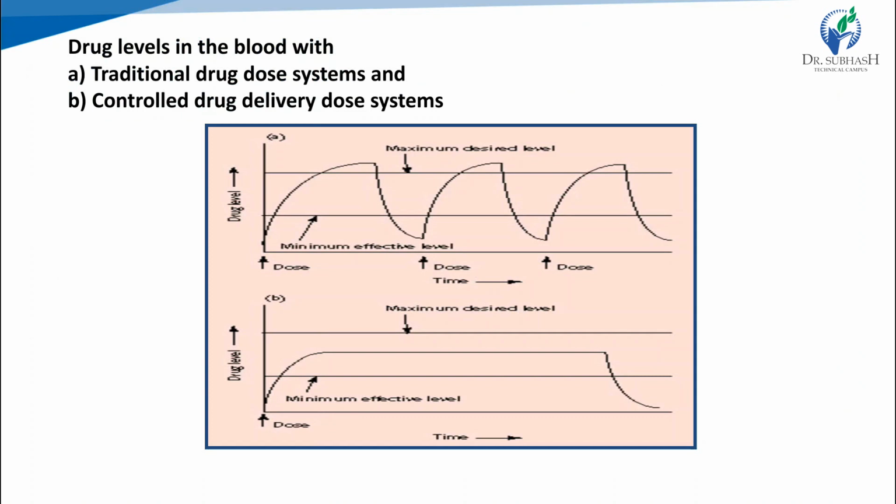After every dose, first, second, third, sometimes the fluctuation goes higher than the maximum effective concentration, into the toxic level. Sometimes it goes to the subtherapeutic level, below the minimum effective concentration. So we face fluctuations with the traditional or conventional immediate release drug release system. And the B diagram represents the controlled release drug release system. We see that it maintains the concentrations within the therapeutic range throughout a specific period of time, for a prolonged time.